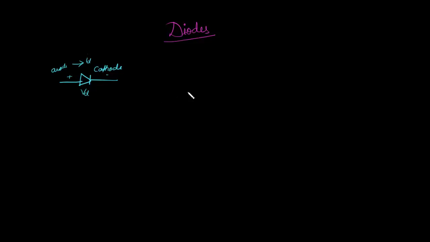Diodes can be of ideal type or semiconductor type, like the practical diode. The ideal diode has a transfer characteristic like this. If this is the current across the diode ID and the voltage across the diode VD, then initially when a negative voltage is applied, the diode is in cutoff mode.